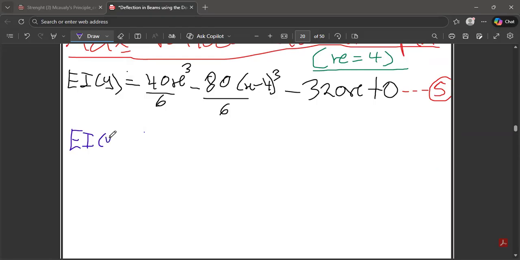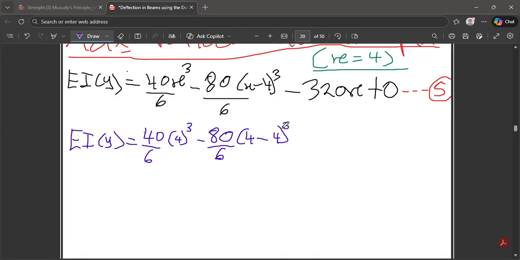Okay, so this is going to be EI y, which is equal to 40 all over 6, 4 all exponent 3, minus 80 all over 6, now this is 4 minus 4 cube, minus 320 also multiplied by 4.